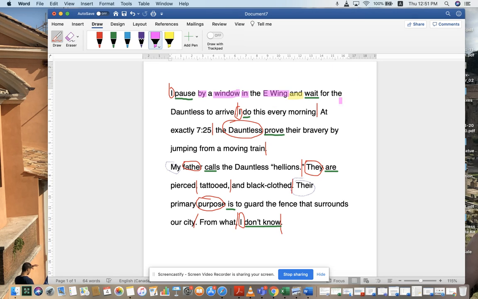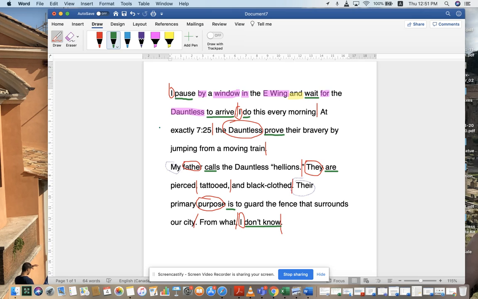Waiting, just as pausing, can be a verb of motion, so it takes the preposition for. And dauntless, and then we have the infinitive verb, okay? In other words, the purpose of waiting is for the dauntless to arrive, and there it is right here, okay? This is what could be called a purpose clause, okay?